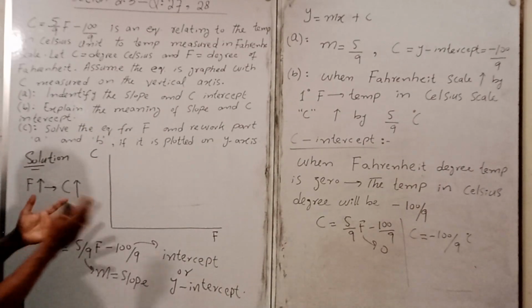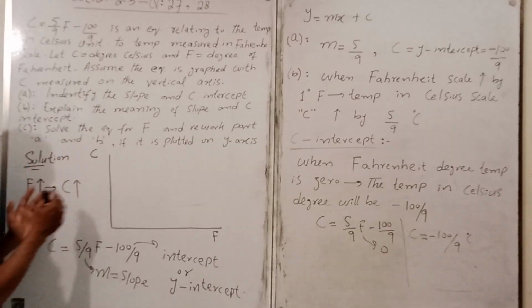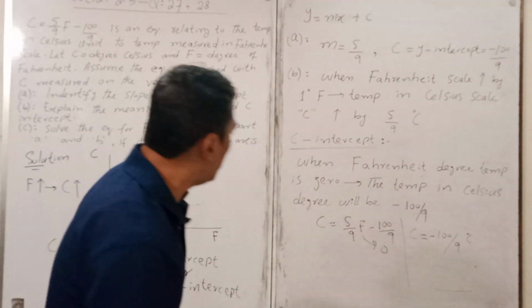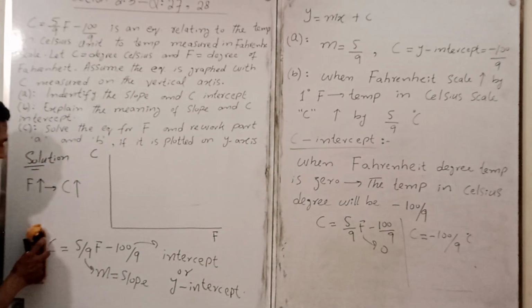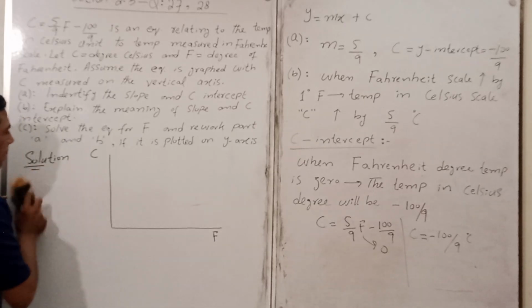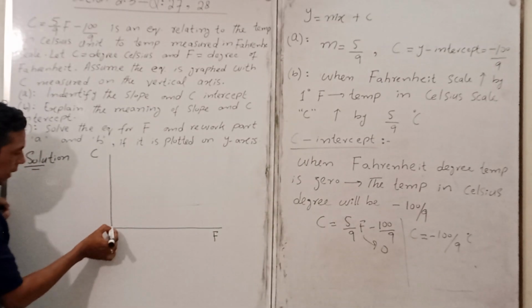For example, let's say you have to mark here. If I ask you to show this value on the graph as well, how? Extend this axis.